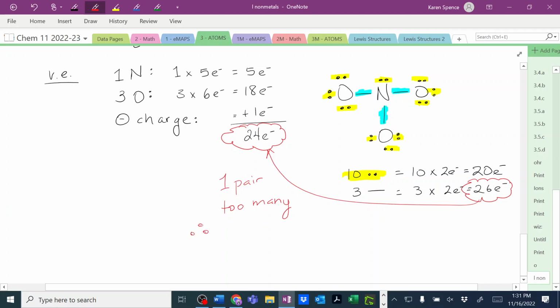Therefore, I'm going to erase one pair. Who am I going to erase it from? From the central atom, from nitrogen. And I am also going to then form one multiple bond.